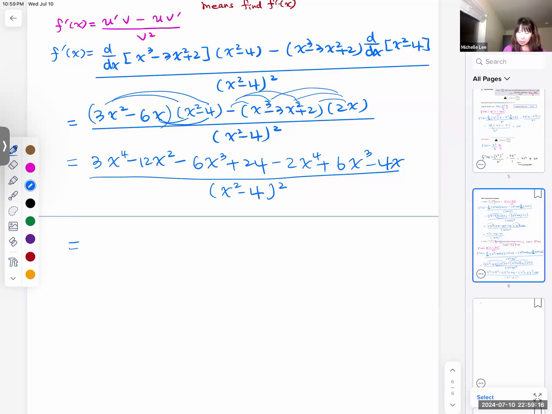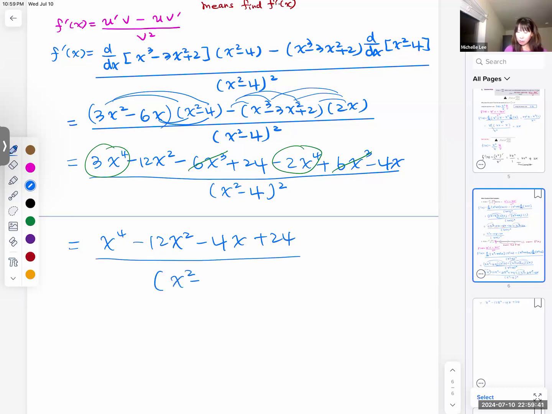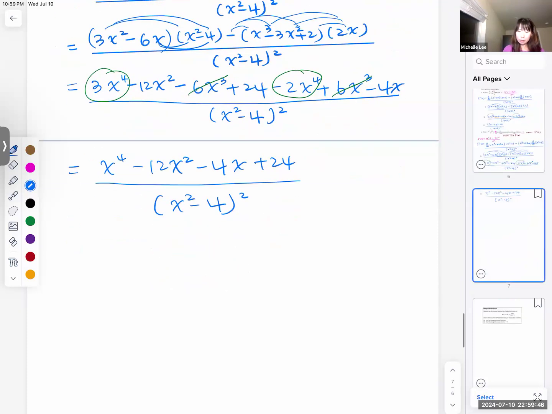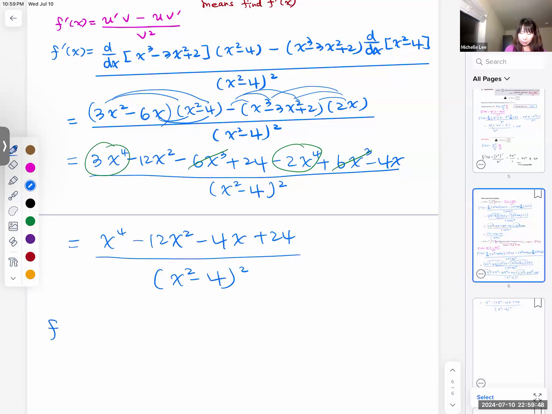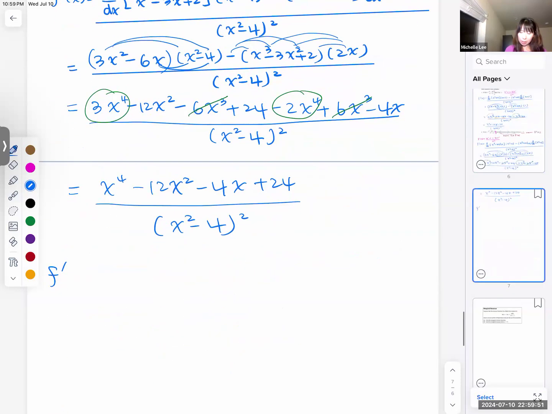Combine like terms. So we have x to the fourth power, and we can simplify, and negative 12x squared by itself. Negative 4x plus 24 over x squared minus 4 squared. Okay. Let's find out f prime of what number? 3.